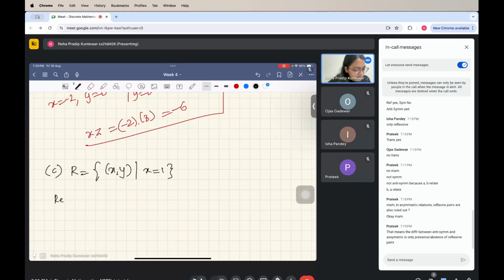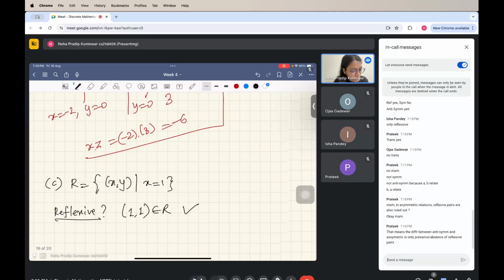Okay, so let's start with the first question. Is this reflexive? That is, one related to one? Okay, this is true because x is 1, so clearly this is reflexive.